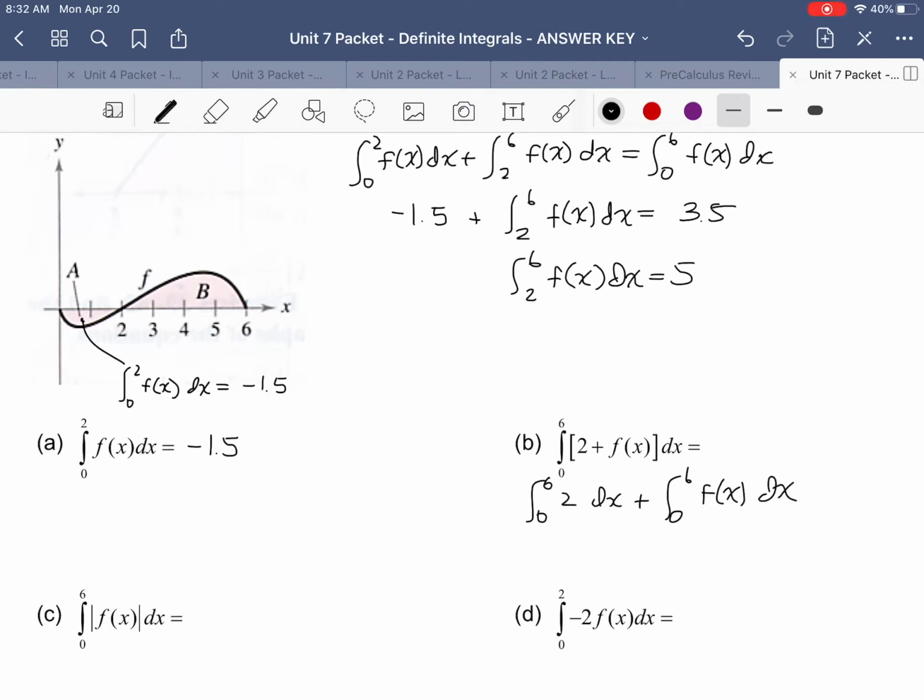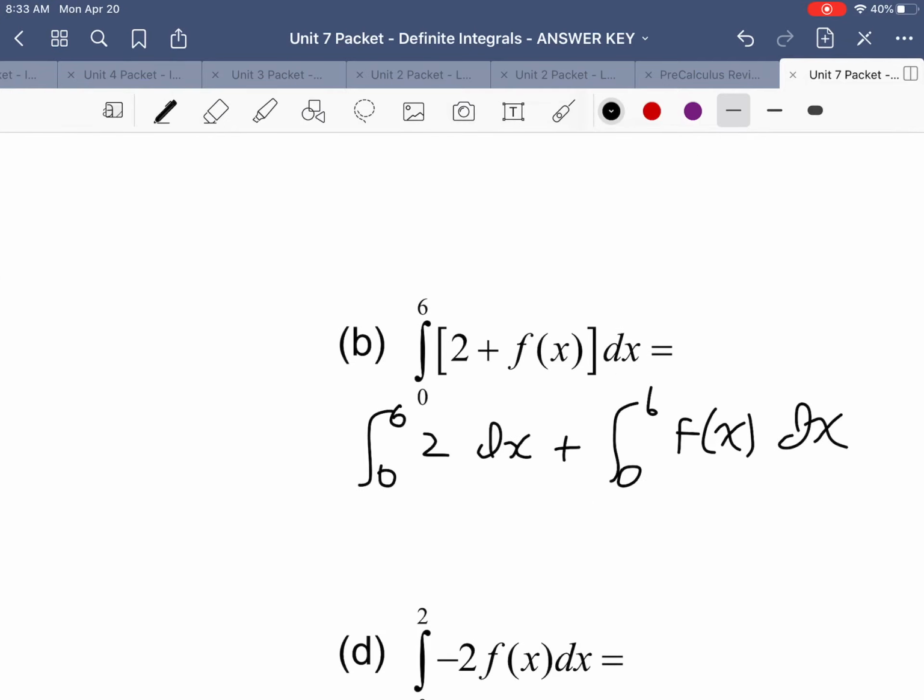Now, 0 to 6 of 2 dx. Two ways to handle that, one much cooler than the other. So, this is a function, f of x. Well, we already used f of x. So y equals 2, going from 0 to 6.